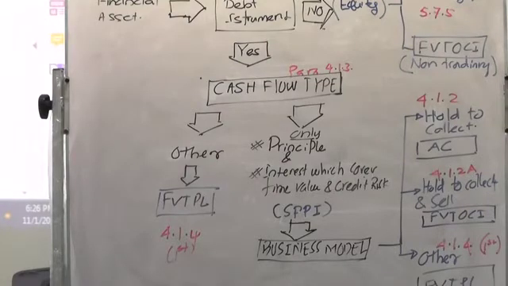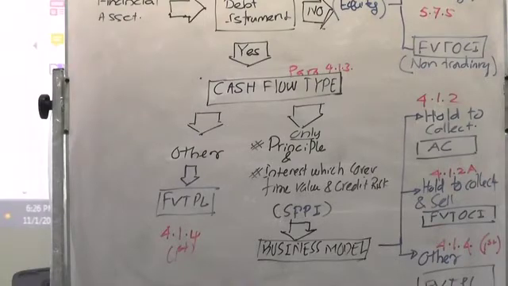That means the interest does not cover the time value of money, and does not cover credit risk. It covers only price changes of a commodity. Therefore, when you give a loan and charge interest on a commodity price, such as a gold loan or pawning loan, it does not satisfy SPPI.